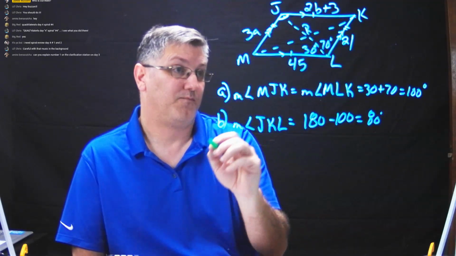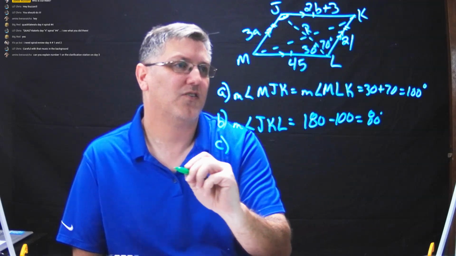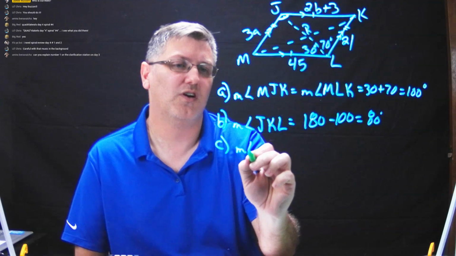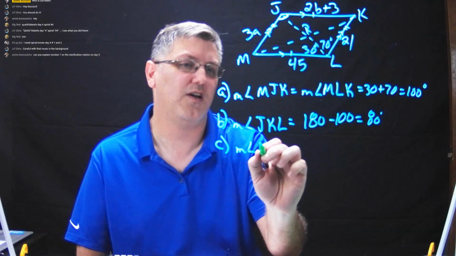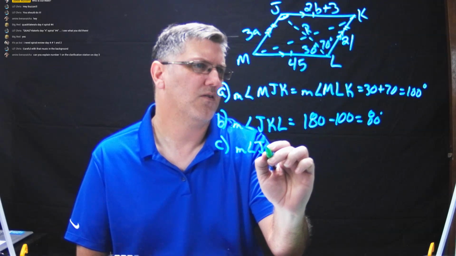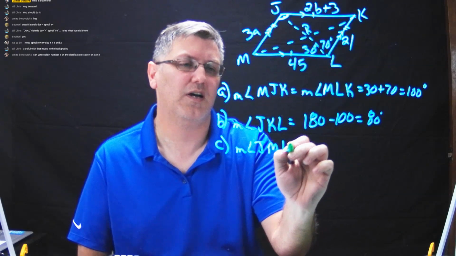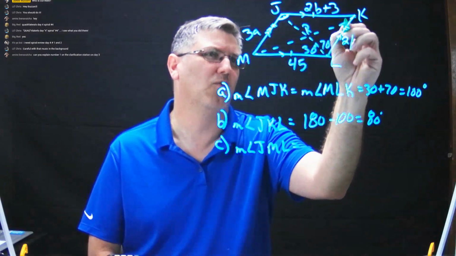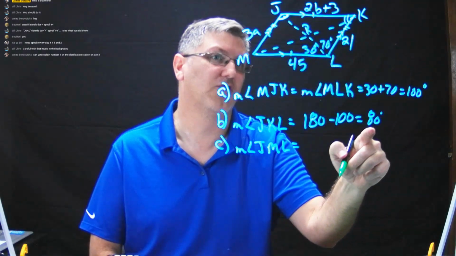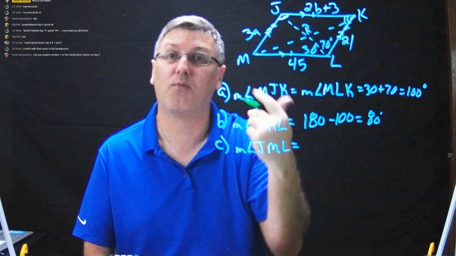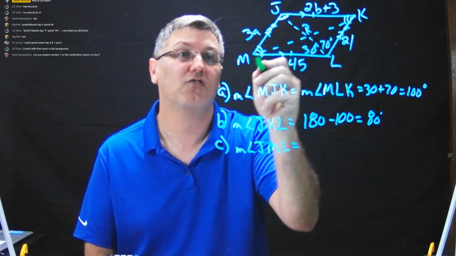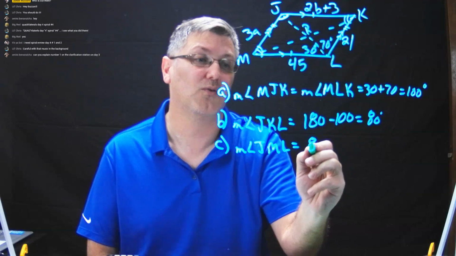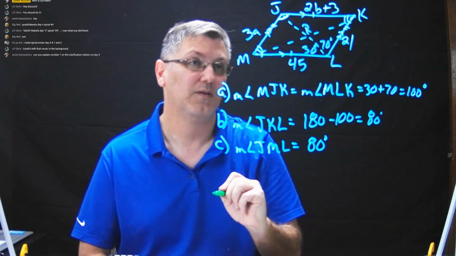Not terribly bad. C says the measure of angle JML. We just found that angle is 80 degrees, and the opposite angle, part of the properties of parallelograms, is going to be congruent. So that's also 80 degrees.